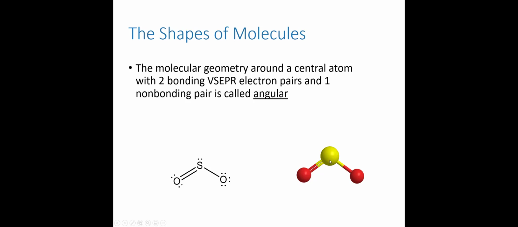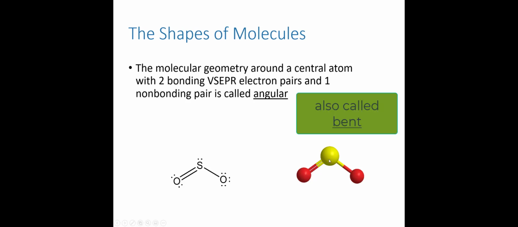You'll notice that we do not typically show the lone pairs in our three-dimensional shapes over here. And since we pretend not to see this, the only thing that we can focus on is the bent shape here. I should note that even though I have the term angular here, the word bent is also commonly used for these shapes.